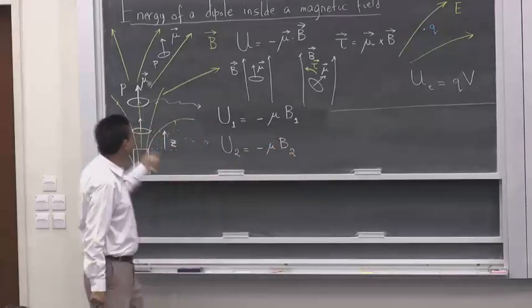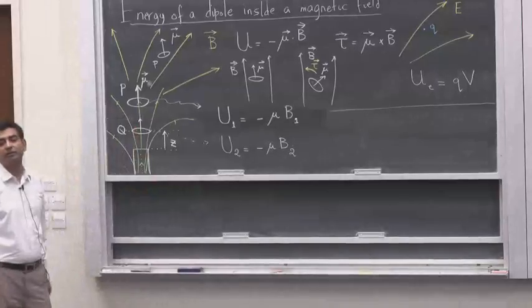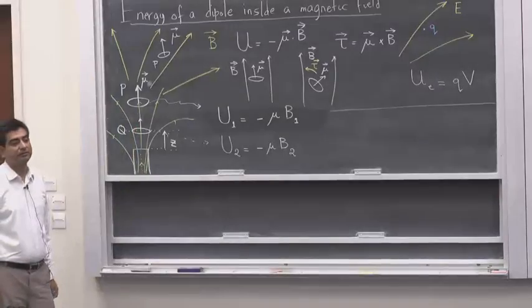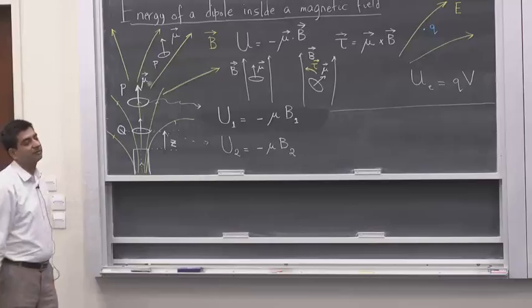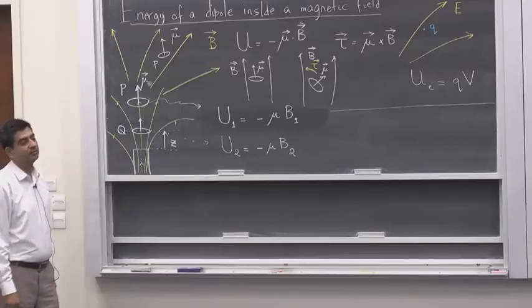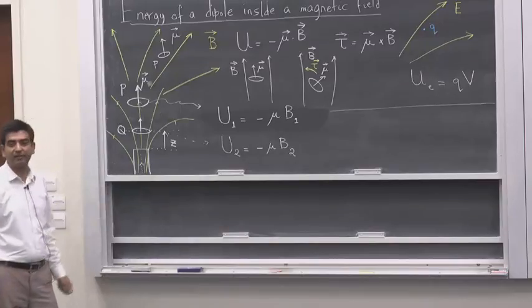Now which of these magnetic fields is stronger? Which one? B2 is stronger because it's closer to the magnet.